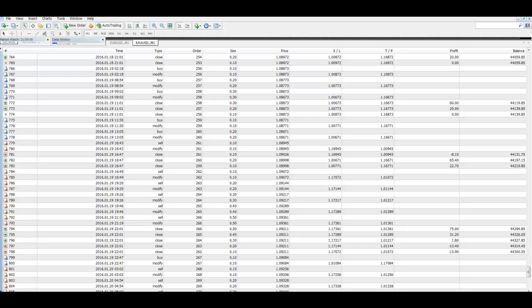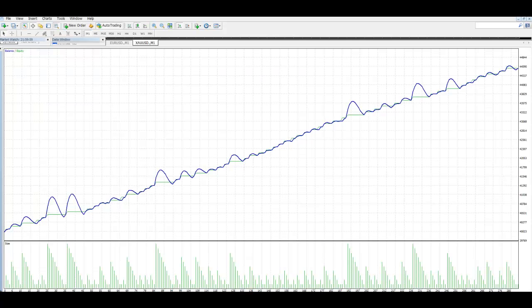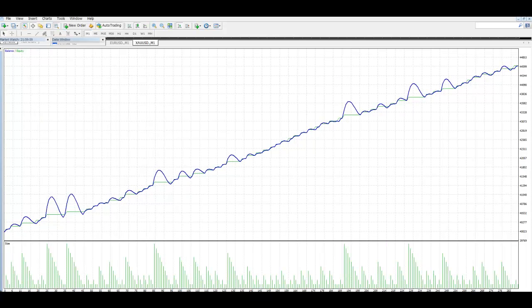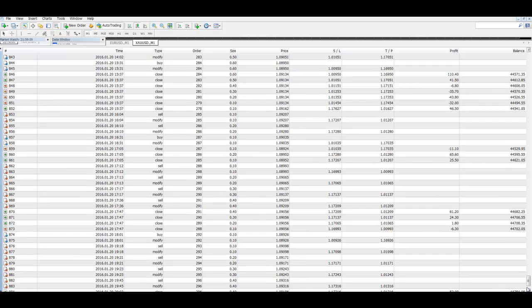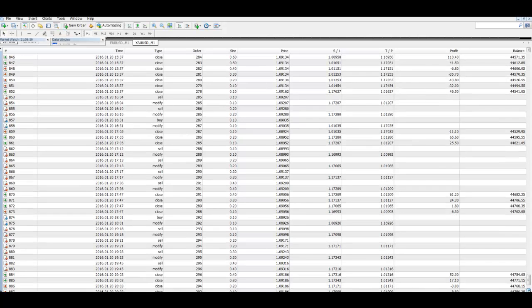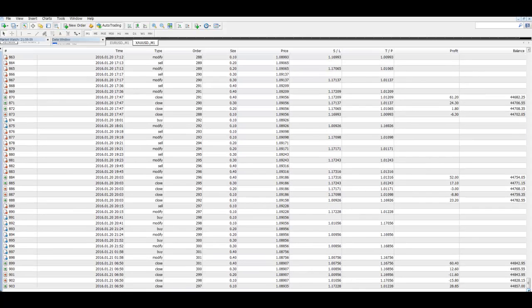As you can see, the graph looks like this. And in terms of yield, we are already at 44,700, almost $45,000 in 20 days.